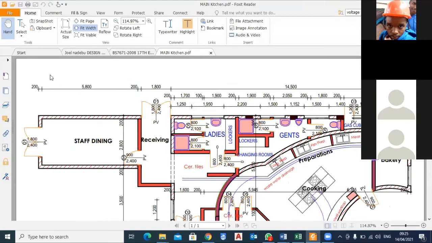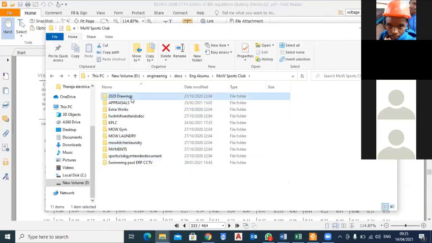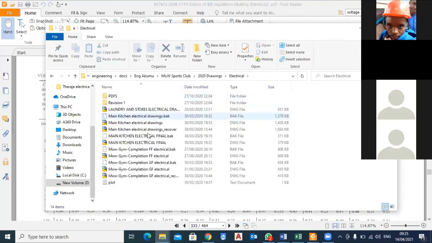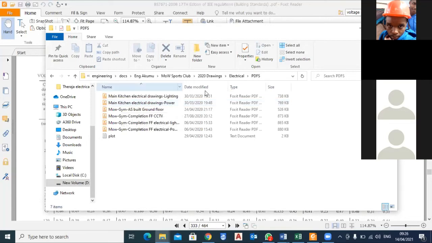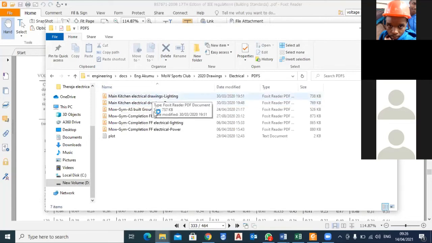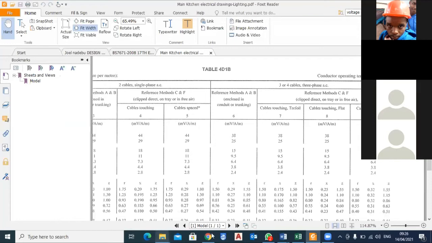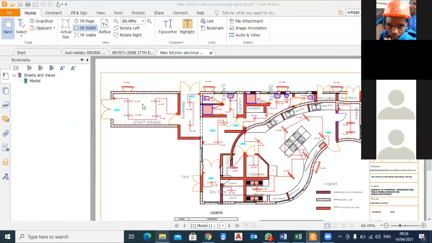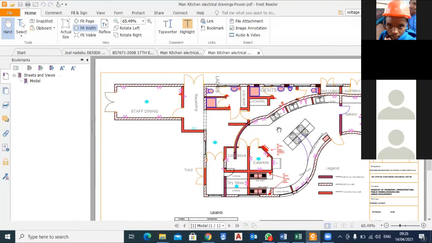Electrical drawings, 2020 drawings, electrical, main kitchen electrical, yes. Are you able to see the 2 PDFs that I have shared? Yes. Unaona drawing yote? Yeah.